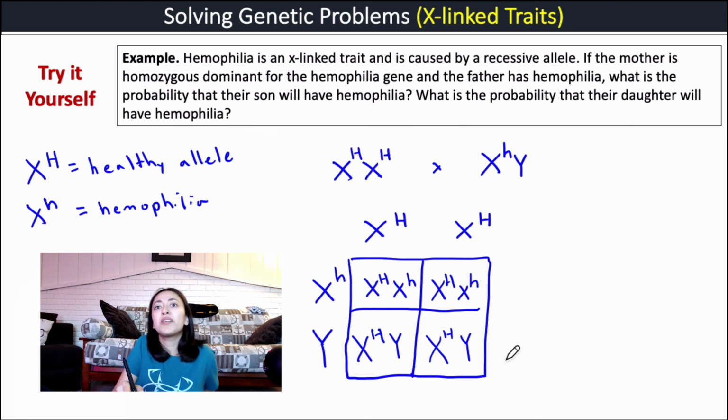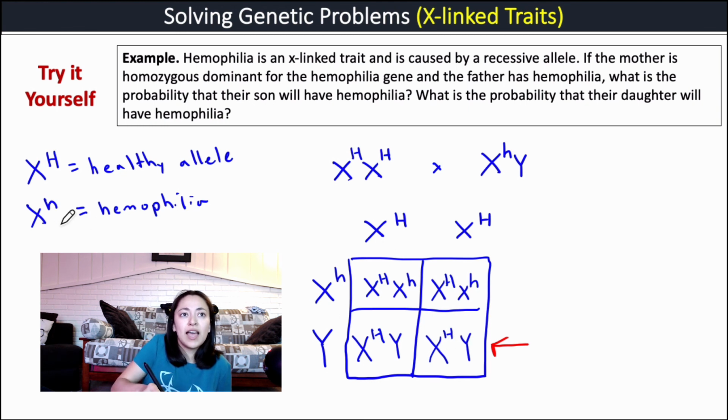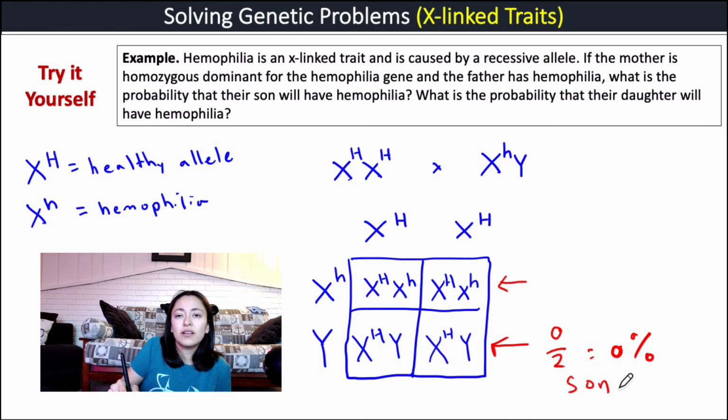So what is the probability their son would have hemophilia? Well, I'm looking at the bottom 2 squares here. Well, in order for the son to have hemophilia, he has to have a little h. None of them do, so 0 out of 2, or a 0% chance. What's the probability their daughter would have hemophilia? So this would be for the son down here. Now this is the daughter up here.